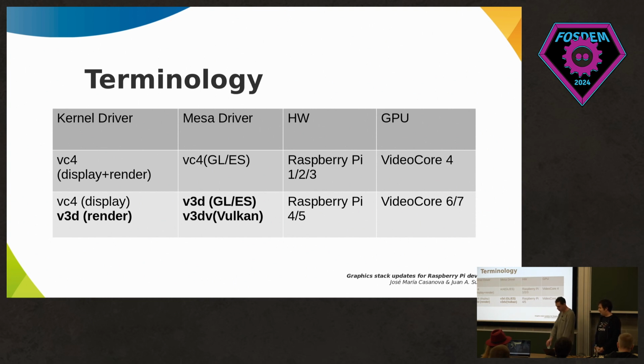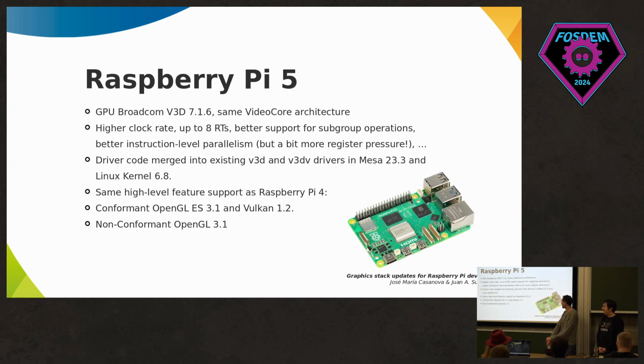So, what happened? Well, probably the most exciting thing is the release of the Raspberry Pi 5. This is an evolution of the GPU from Raspberry Pi 4. It's the same architecture, but with more benefits and higher limits, like a higher clock rate, so it's faster. It supports up to 8 render targets.